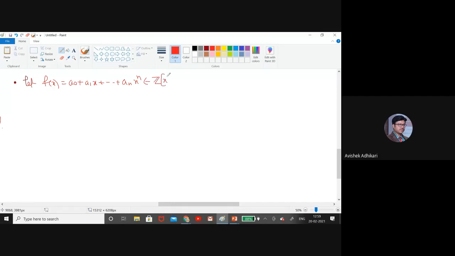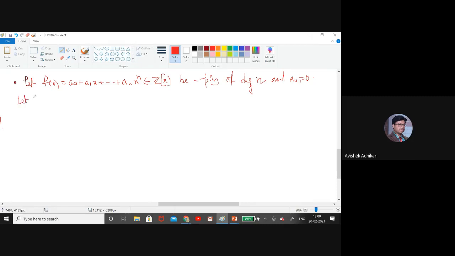Again, mind that it belongs to Z[x]. Be a polynomial of degree n, and a0 not equal to 0. That means it's a non-constant primitive polynomial of degree n.